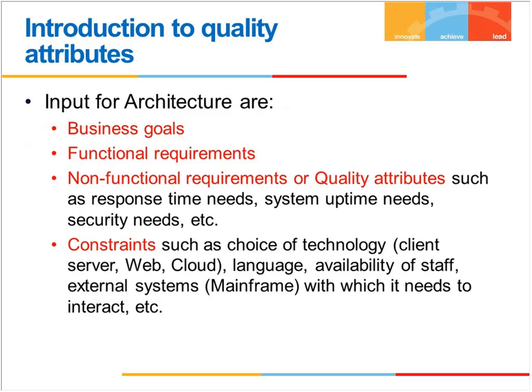So the input to the architecture, if you see, the input for architecture are the business goals. As I said in the last session also, it's very critical to understand why the company or the organization wants to go for a system. So it could be, for example, to improve the customer service.